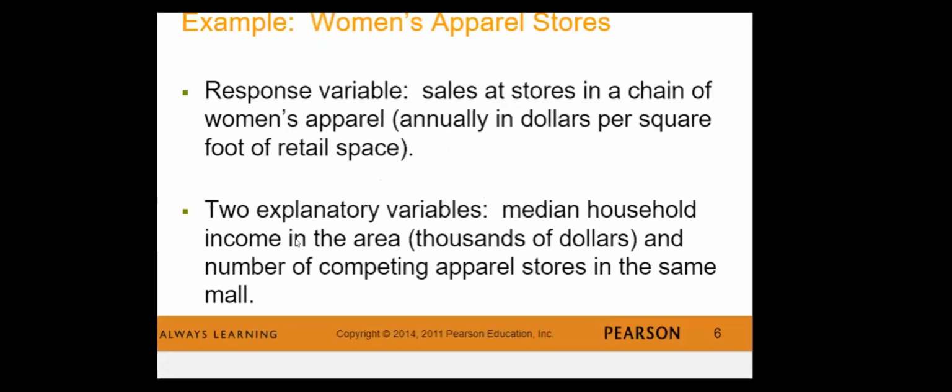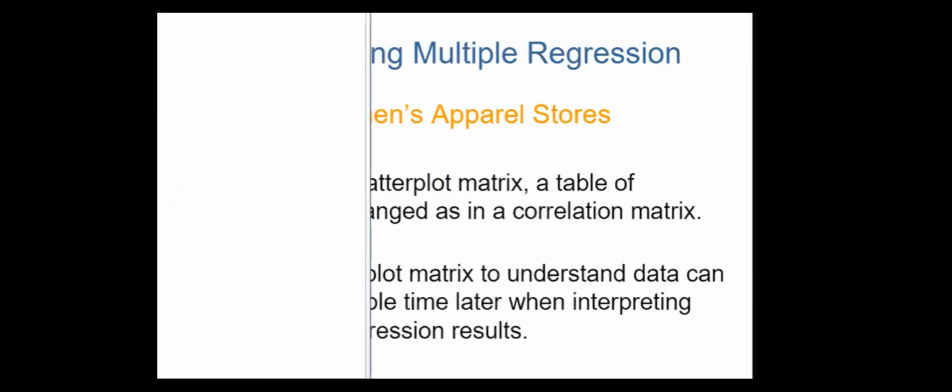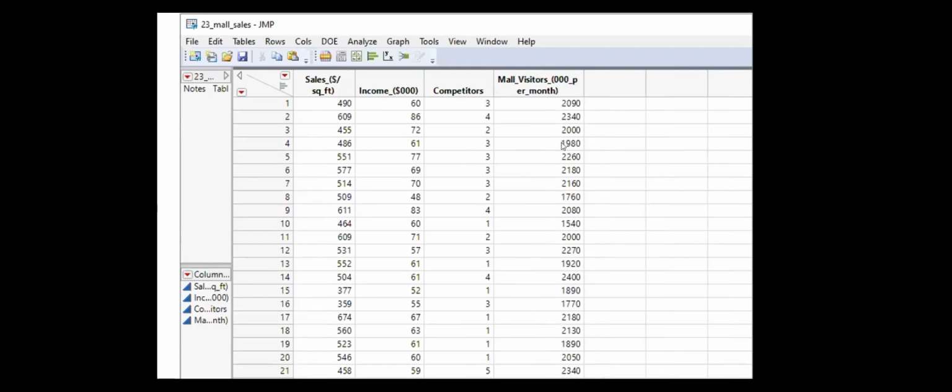I recommend you open your JMP data and see this data right there. You can see we have sales, we have the income in $1,000, we have the competitors, how many competitors in each location, and mall visits per month.